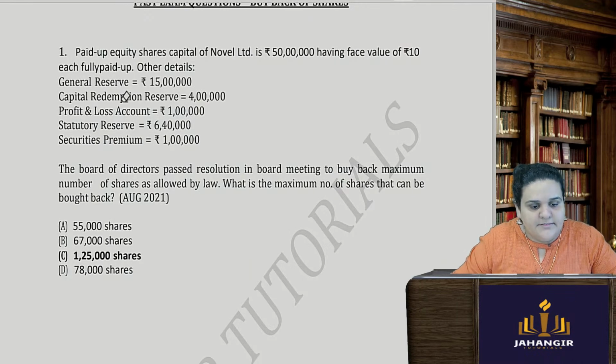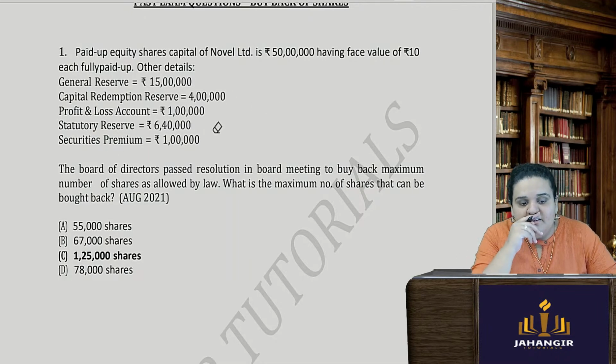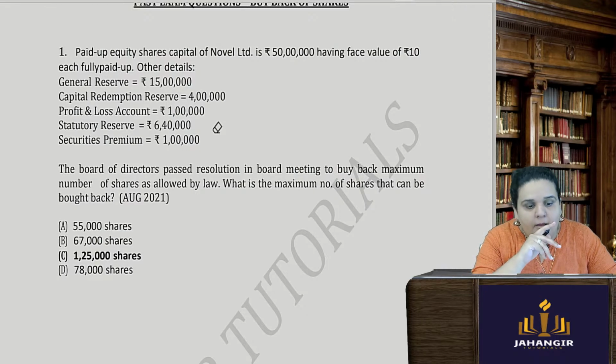There are other details: general reserve 15, capital redemption reserve 4 lakhs, profit and loss account 1 lakh, statutory reserve and securities premium account. The board of directors passed the resolution to buy back maximum number of shares as allowed by law. The maximum number of shares that can be allowed for buyback will be how much? Now they have not given me any other information, how much is the buyback price or any other, in order to find the debt equity ratio. Nothing they have given to me.